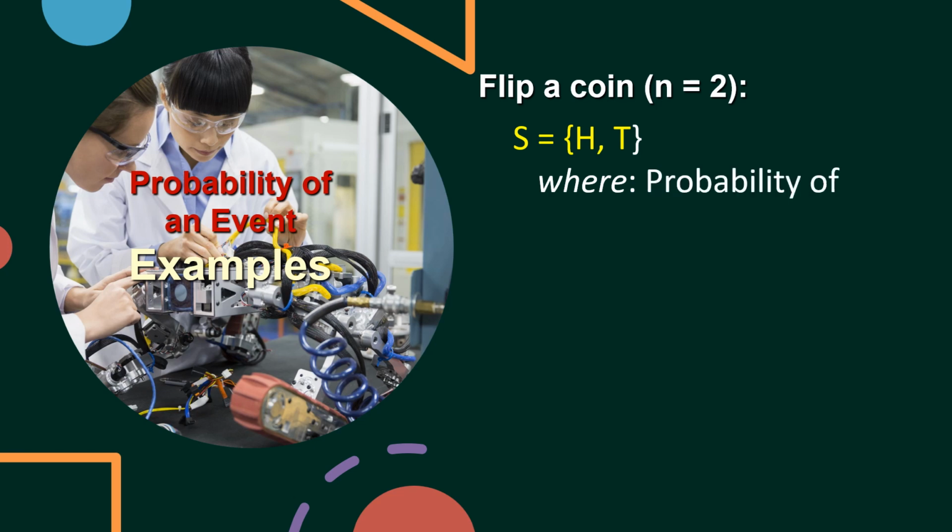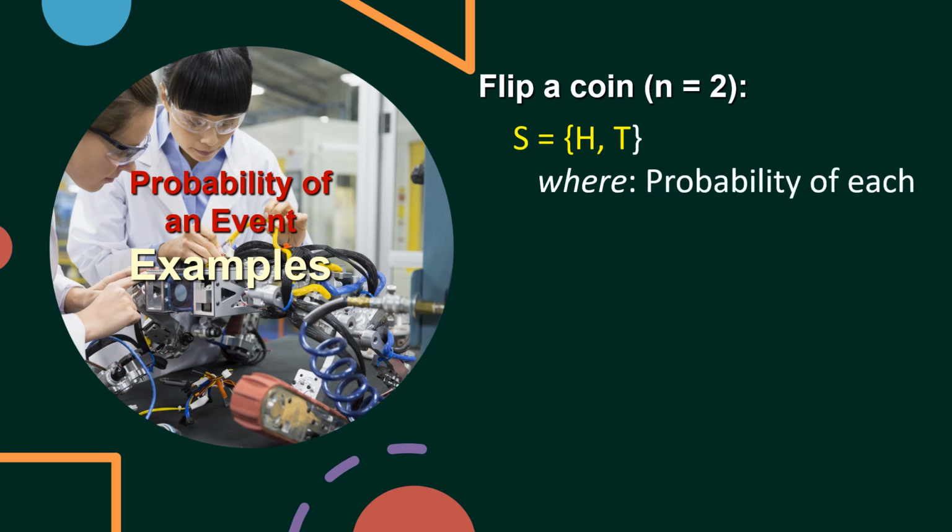For example, when you flip a coin, you have two outcomes. It's either the head or the tail. And so your sample space is equal to {H, T}.